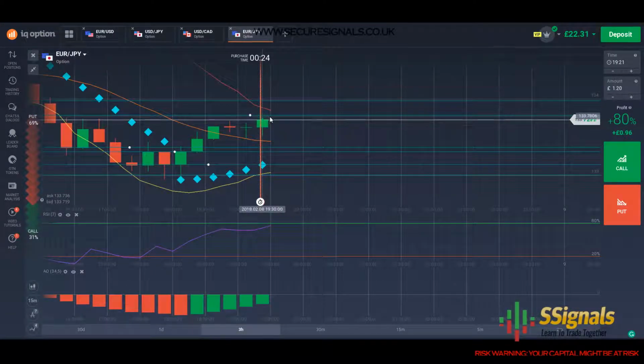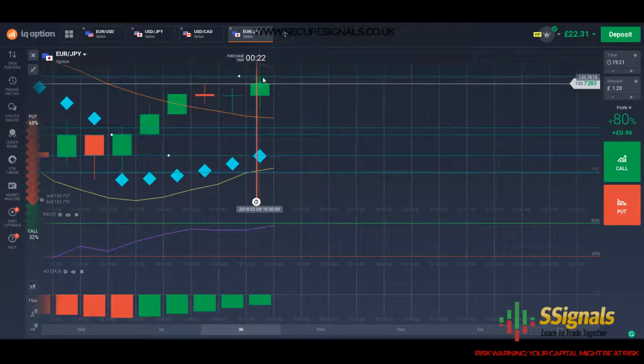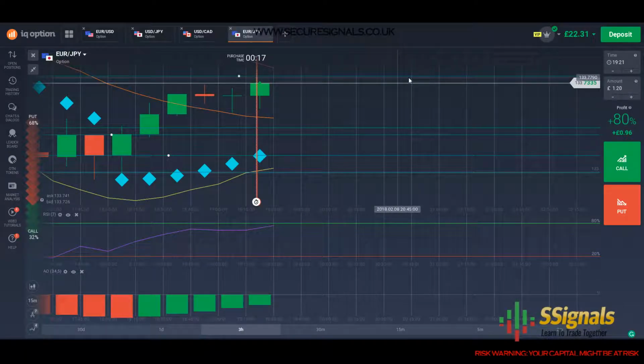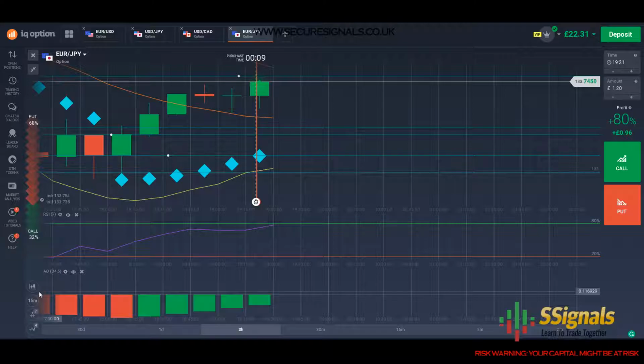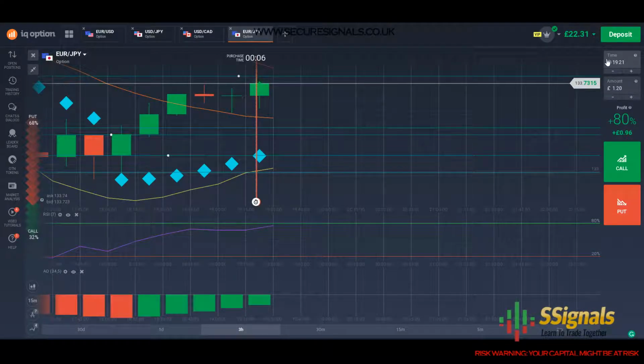Okay, this was a significant level here. So if it does push up to this blue line here, I'm going to enter a put. It's about 133.779. If it breaks all the way up, then void it. But if it hits this line and just stays there, then just enter. Just for 1 minute.